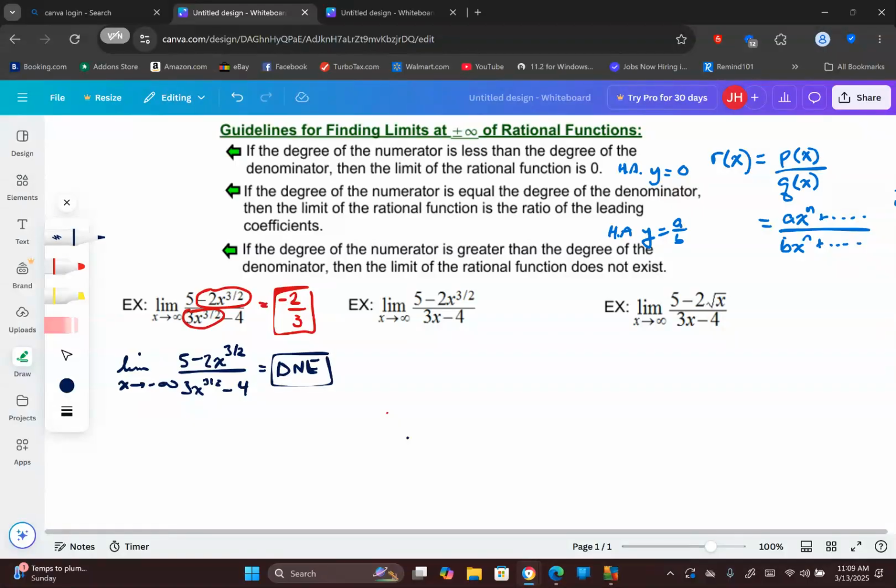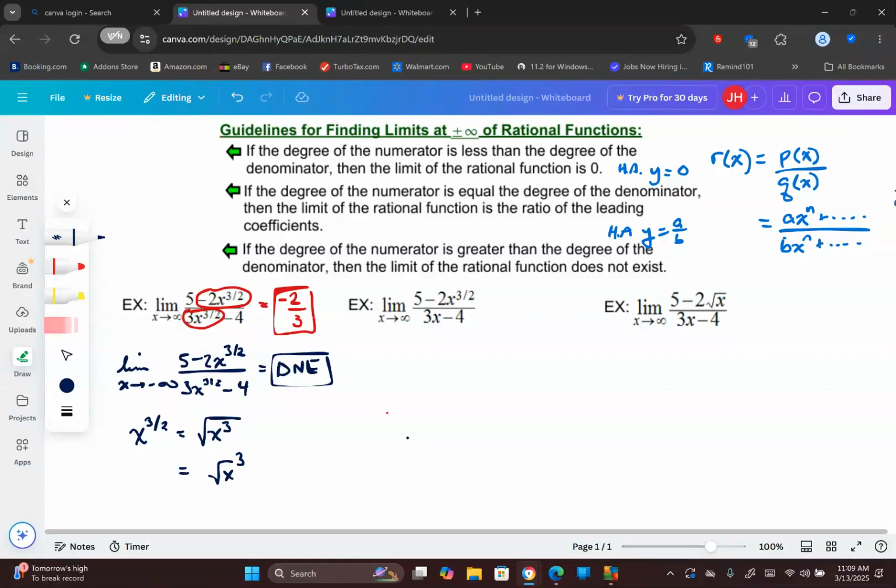We've got to be careful when you have even roots. X to the 3/2 is the same as x cubed, and you take a square root of that. Or you could say it's the square root of x cubed. Either way, you cannot take the square root of a negative. So this function doesn't even exist at negative infinity. All right? So it has a limit as you go to infinity, but it does not have a limit as you go to negative infinity because the function does not exist.